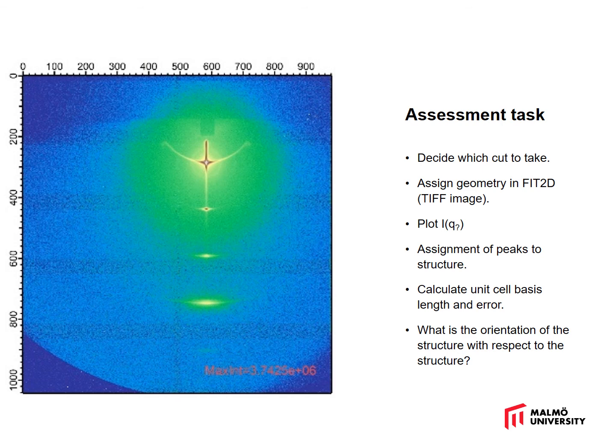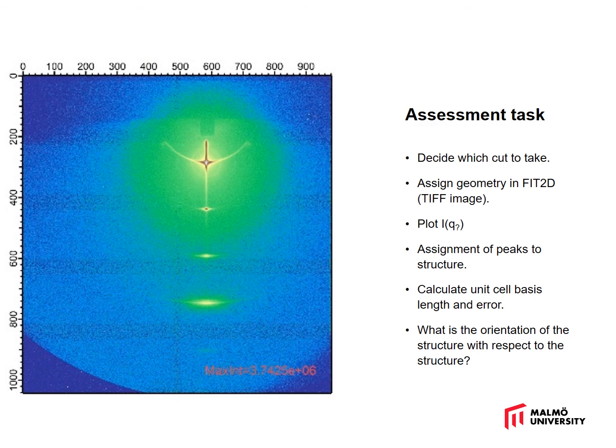But if one can decide where the beam center is and which direction one's going to integrate it, you need to decide which direction you're going to take the cut. And that, of course, is based on how you think the bilayers are stacked on the substrate. So we'll use Fit2D. We want to plot intensity versus one of these Q cuts.